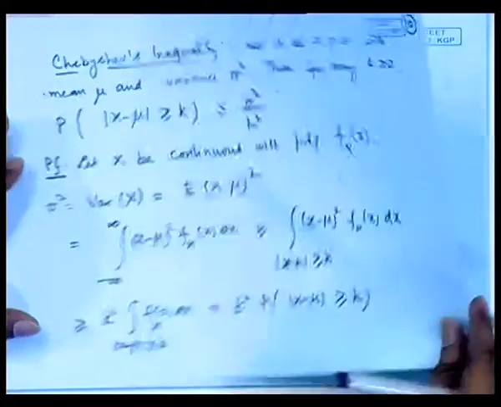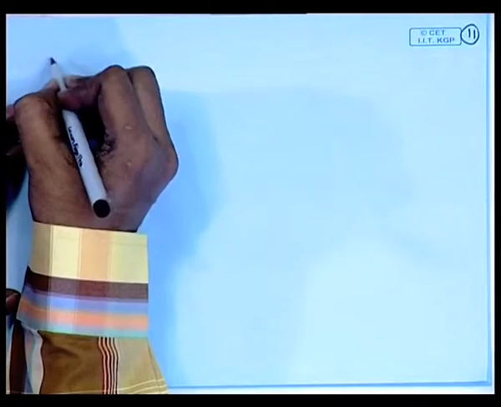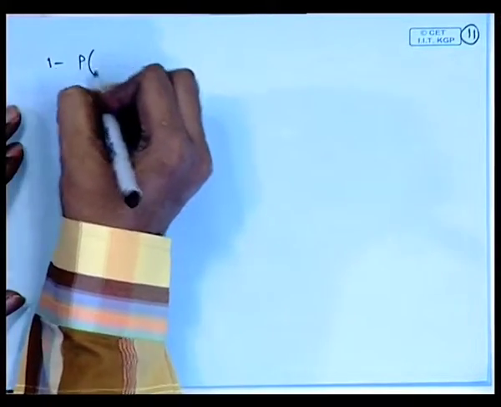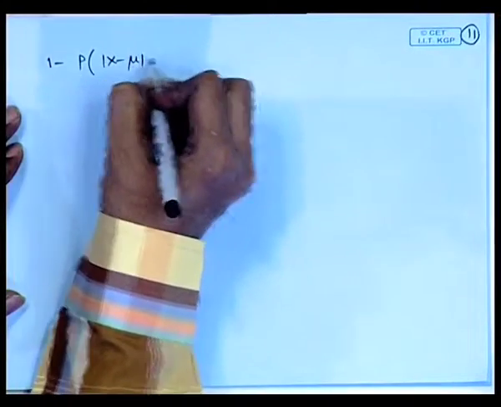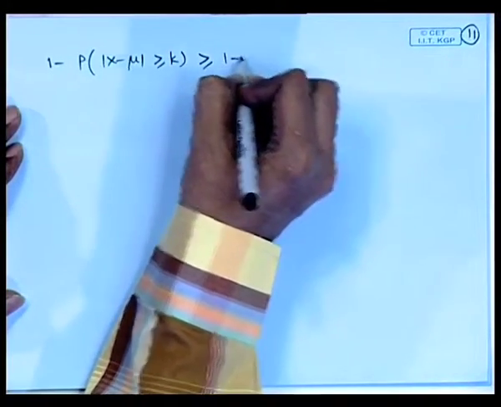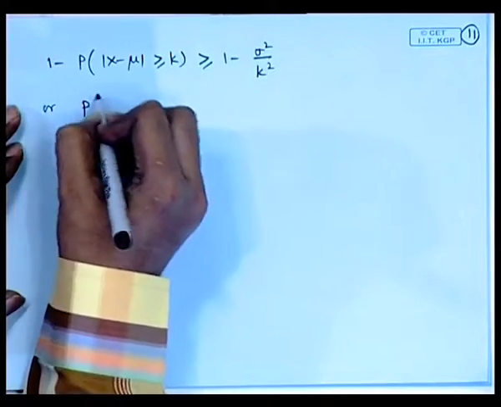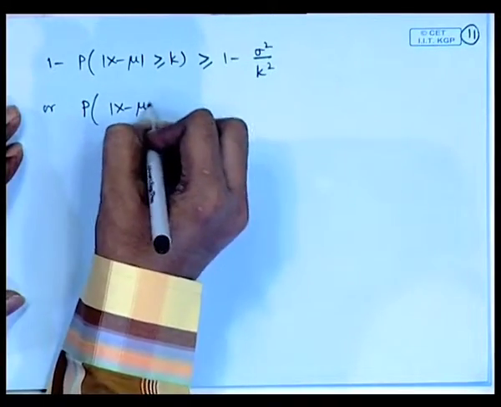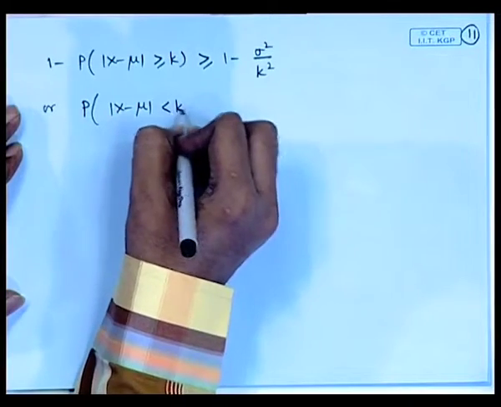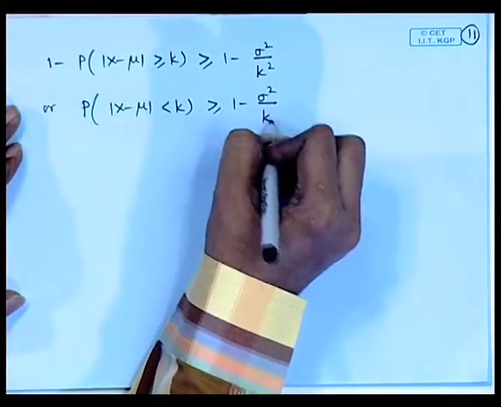You can write down the alternative forms of this inequality by taking the complementary event here. So, you will have 1 minus probability of modulus x minus mu greater than or equal to k greater than or equal to 1 minus sigma square by k square, or you can write probability of modulus x minus mu less than k is greater than or equal to 1 minus sigma square by k square.